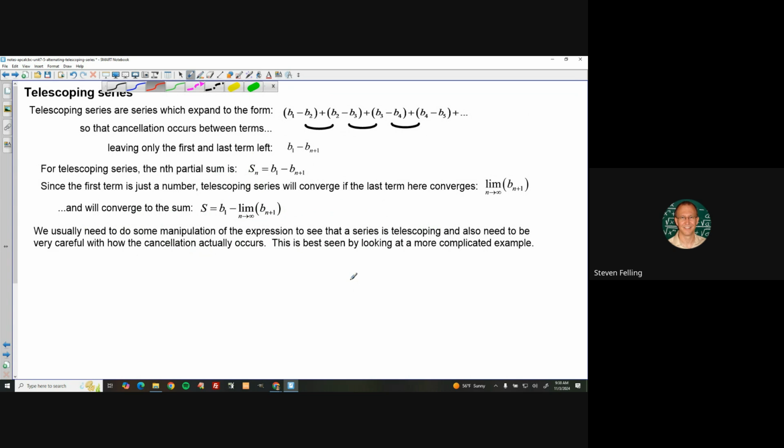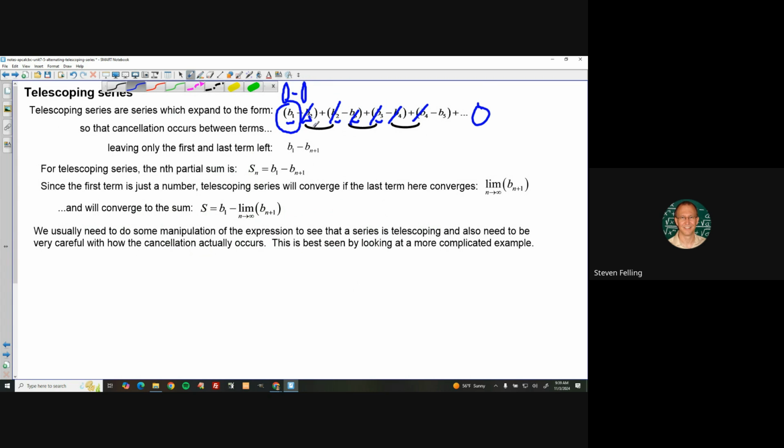If you have a series where, when you write out the terms, the generating rule is some fraction minus another fraction, so each term has a number minus another number, and the next term has a number minus another number, then at some point, if the right-hand parts of the generating rule match the left-hand parts, you have a positive and negative version, and they cancel out, leaving just some terms at the beginning and some terms at the end.